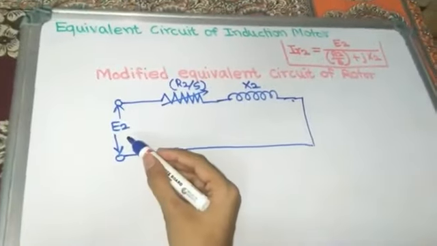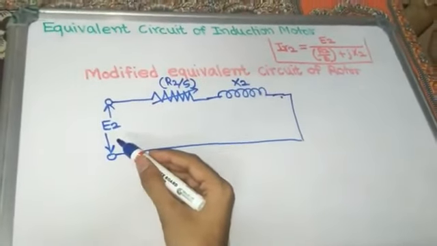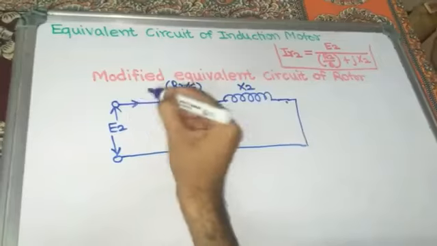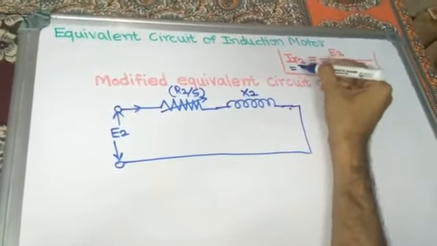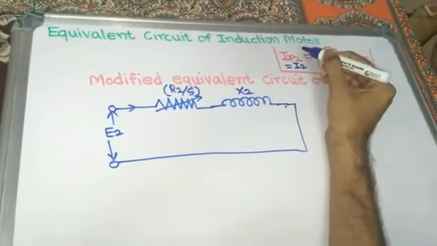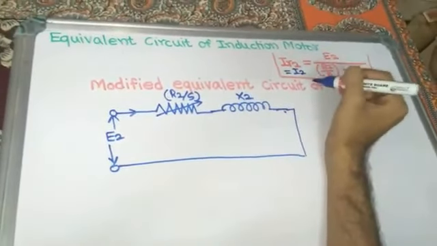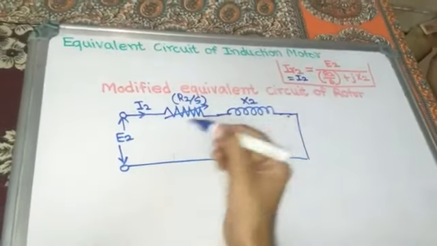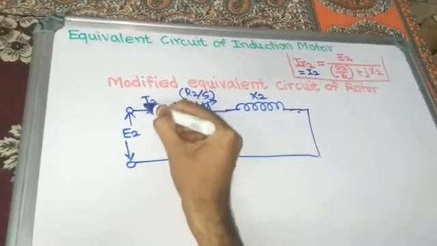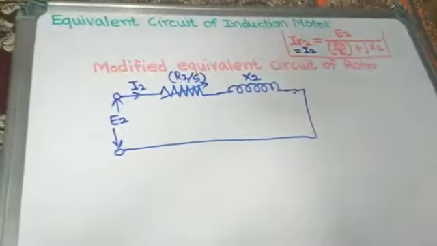Okay, so this is the rotor induced EMF per phase under stationary condition. So here what is the current? This is not IR2 now; IR2 is equal to I2, meaning rotor current under running condition is equal to rotor current under stationary condition by making our arrangement. So now it is only I2.